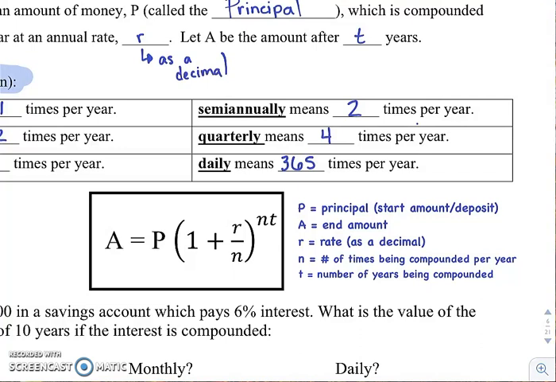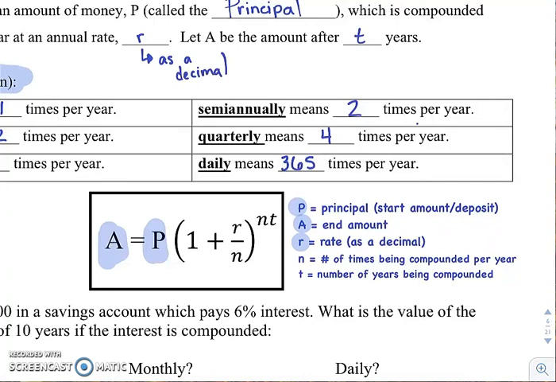So our P is the principal or the starting amount or deposit of money. So however much money you're putting in. A is your end amount. Your rate is R, and that's going to be written as a decimal.